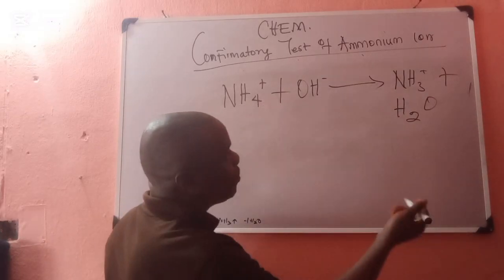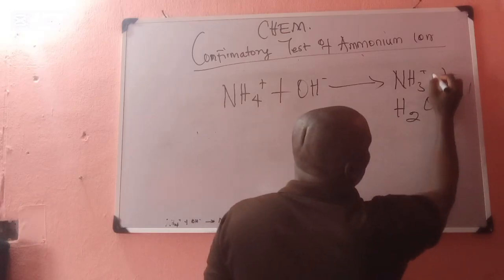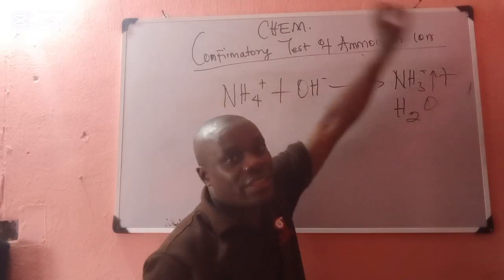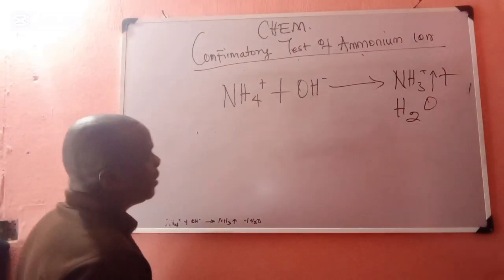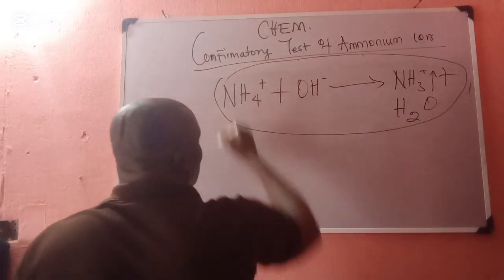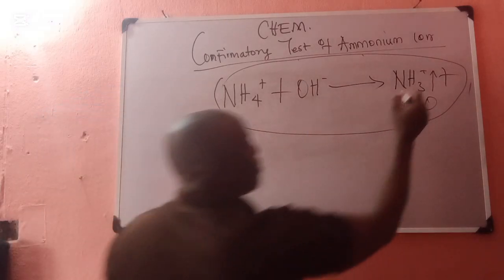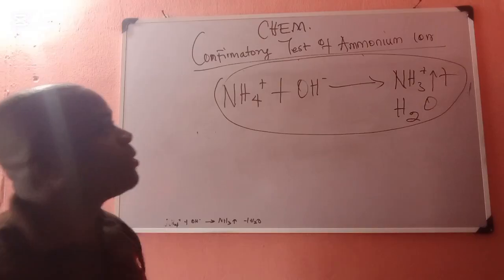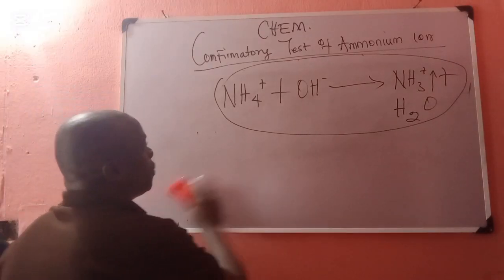And from the reaction process, I told you it generates a pungent smell. This indicates that during the reaction process, ammonia is evolved. So this is a typical reaction that takes place during the confirmatory test of ammonium ions.